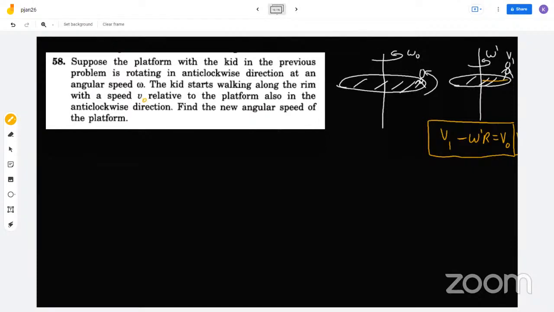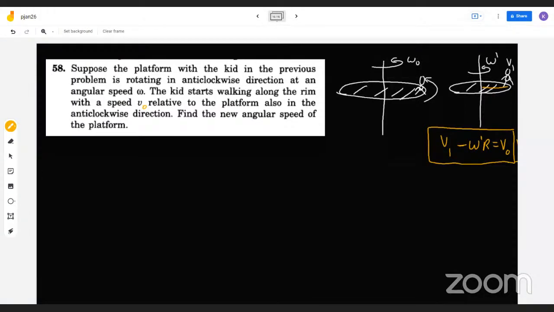Initial angular momentum is equal to final angular momentum. Yes, guys, try the conservation, get the answer. So I of platform plus I of kid, into omega naught, is equal to 0.